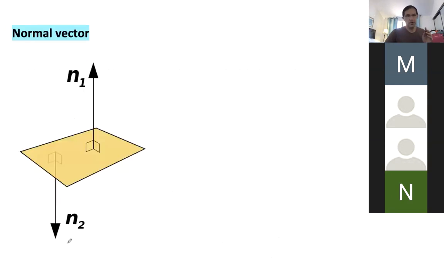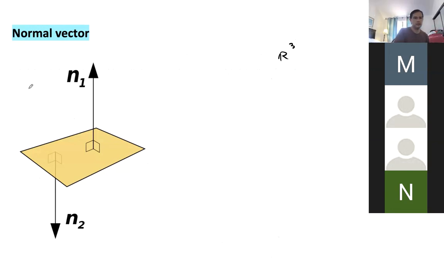Okay, so let me just say a few words now. Let's say we are in n-dimensional space, but in fact, let's think of 3-dimensional space just to have something to support our intuition. We want to define the concept of the normal vector to a given plane in that space.